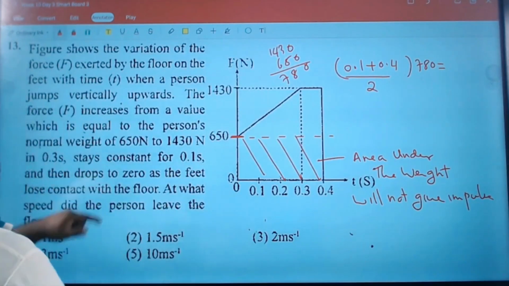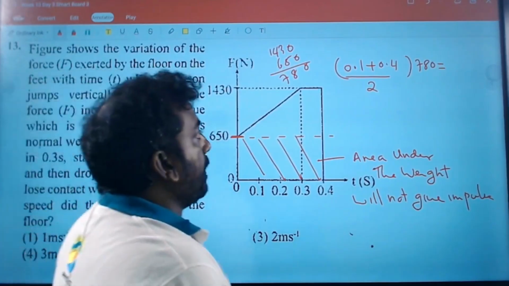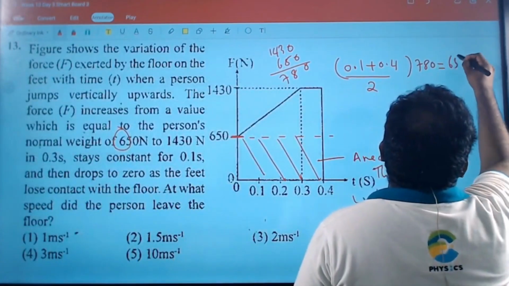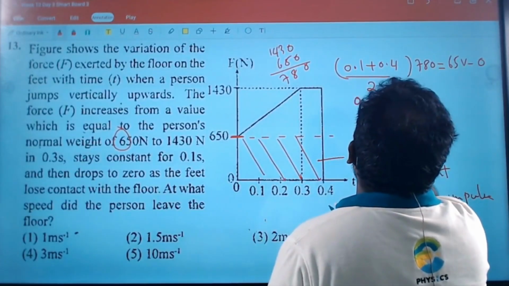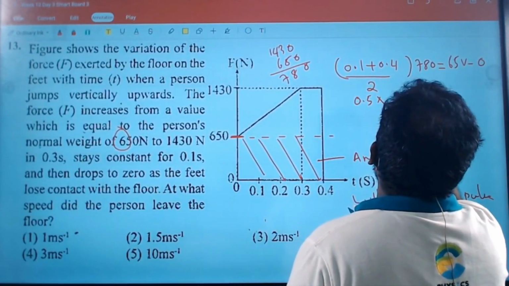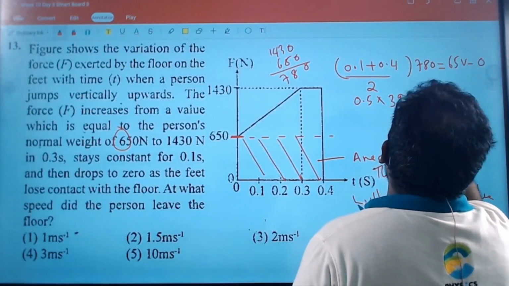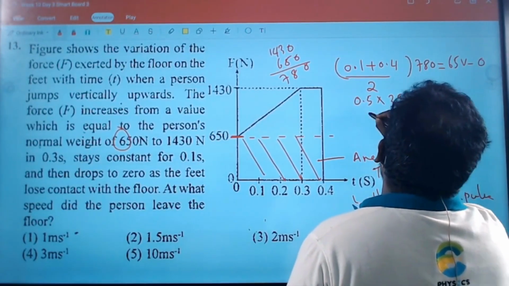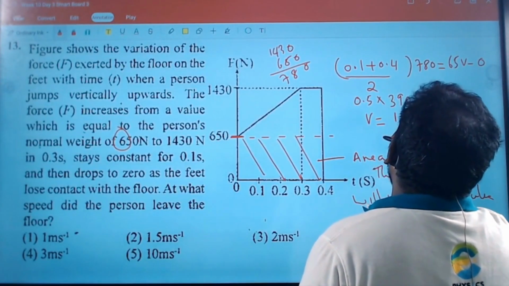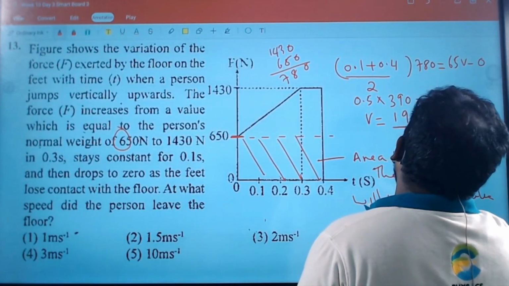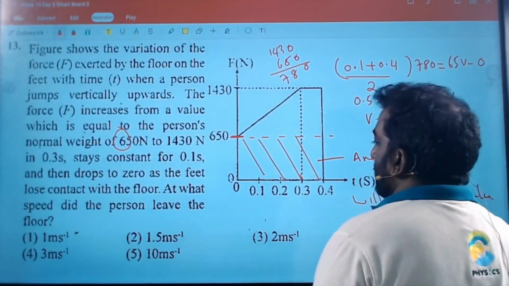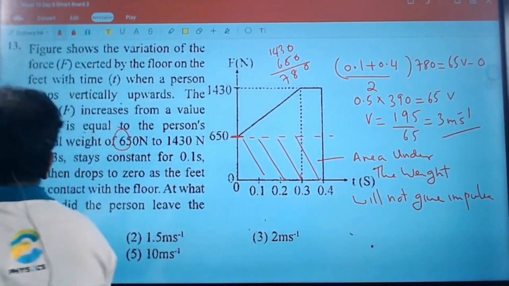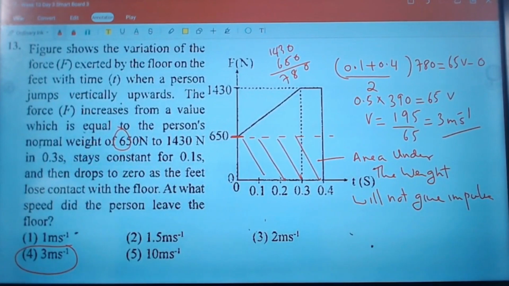Mass of the child 65 kilogram. 65 into V, initial 0. Simplify this, 0.5 times 390 equals 65 V. V is 195 over 65. Velocity will be 3 meters per second. There you go.